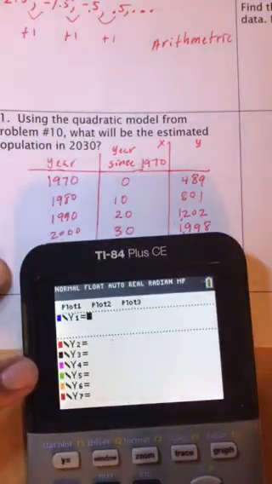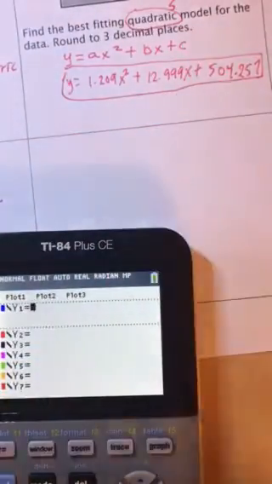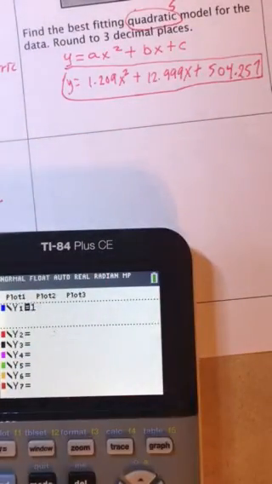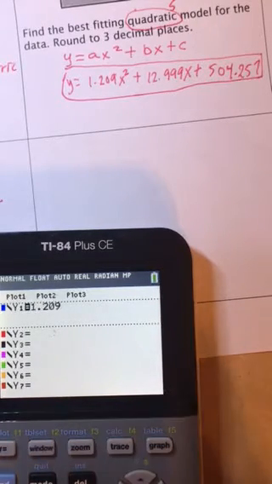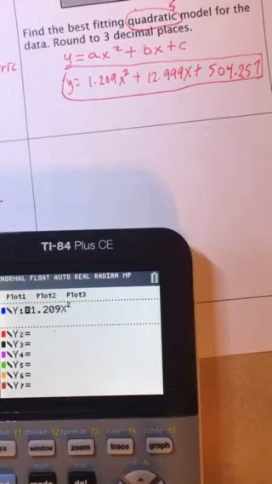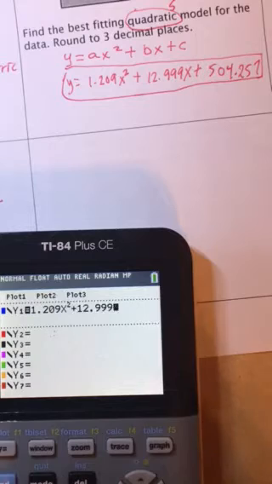Okay, so now I'm going to go to y equals. I'm going to put this equation in y equals. Yes, it's going to look really weird because of the decimals that we have to put in there, but it's okay. We will survive, just like my dogs that are barking.